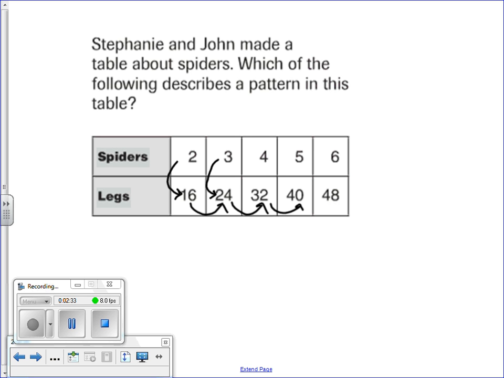Okay, 8s is not a pattern though. Give me an operation. Add 8, subtract 8, multiply by 8, divide by 8. Go ahead, Isabella. Okay, so if you're looking from the top row to the bottom row, it's multiply by 8.